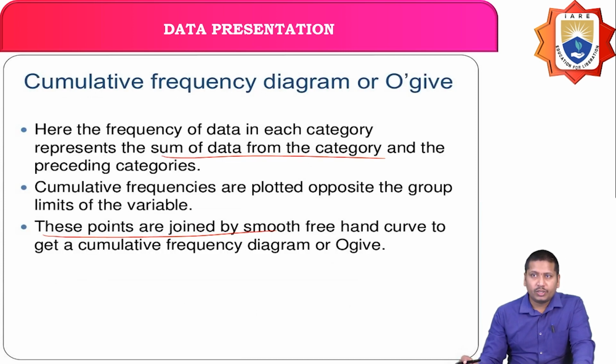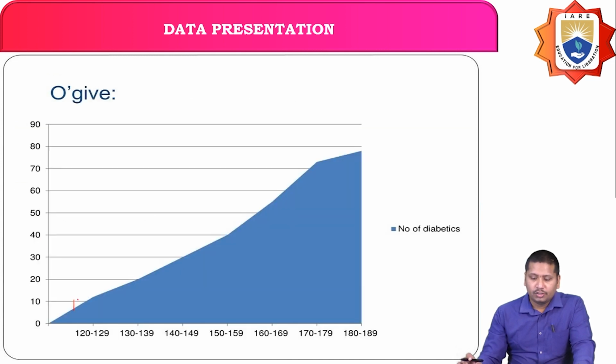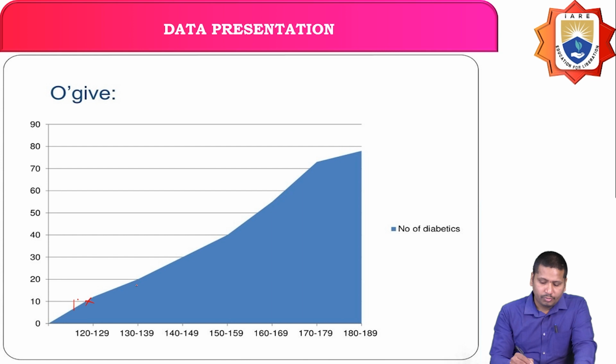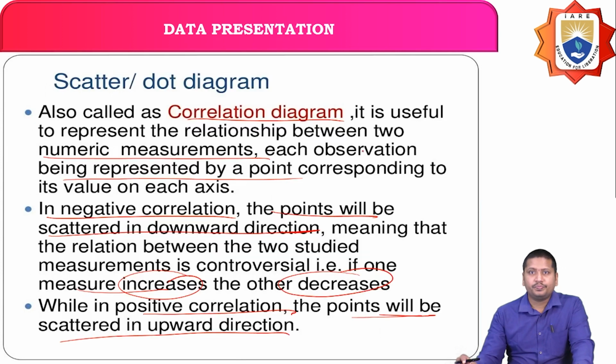And the cumulative frequency diagram is called the ogive. After constructing the histogram, we join the midpoints of the histogram rectangles, and what we obtain is a smooth curve, the ogive.